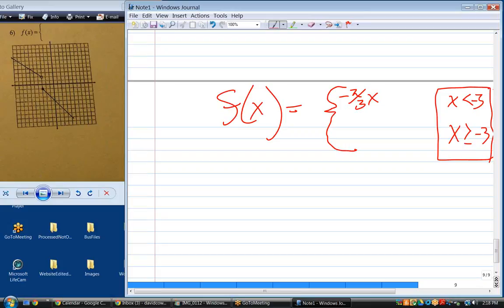Positive or negative? Negative 1. So that means the equation is negative x plus some b. And in this case, if we look at the graph, we can see that it appears to cross at a whole number. What is that whole number? Negative 4. Yeah, that means b is negative 4.